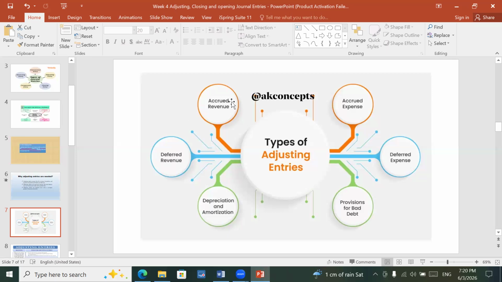Accrued may be income, may be expense. Deferred may be income, may be expense. Deferred income will be liabilities. Deferred expense will be asset. Same way, accrued income will be asset. Accrued expense will be liabilities. So try to understand this technical point clearly to understand adjusting entries. This is the core concept of adjusting entries.